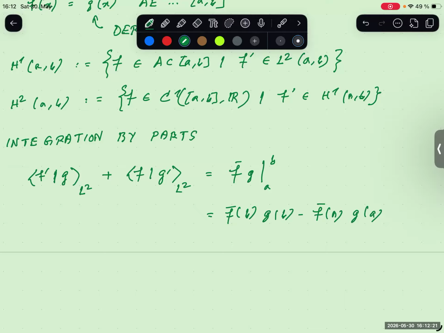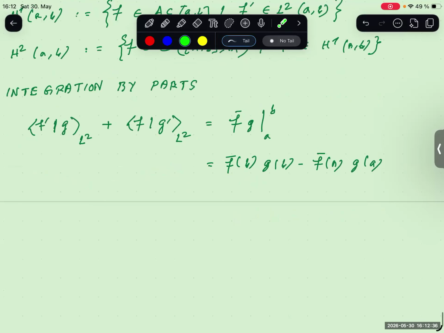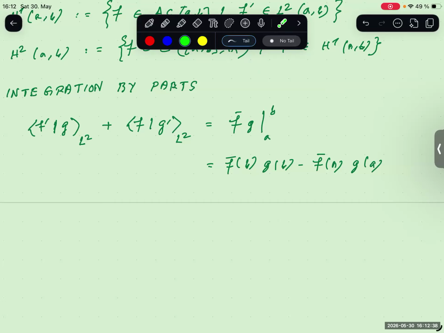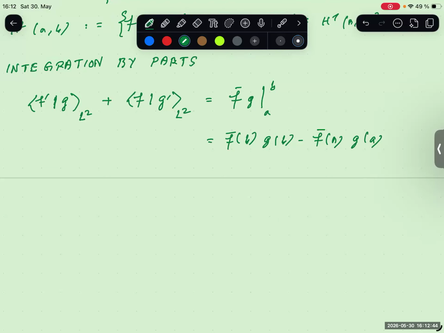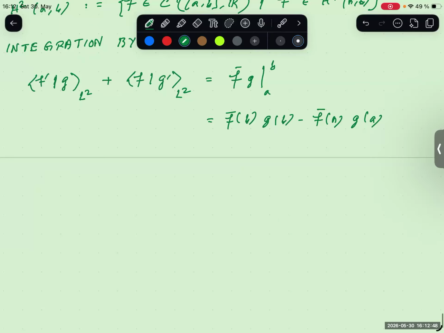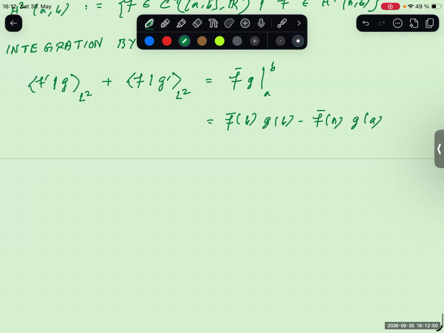I think I made this comment before. Some people use complex conjugation in the second place in this inner product. Then instead of a bar here, you will have a bar there. Doesn't matter. It's a matter of convention.